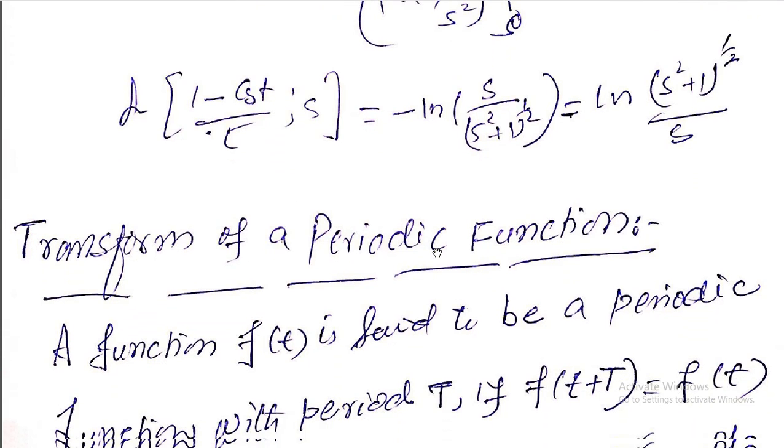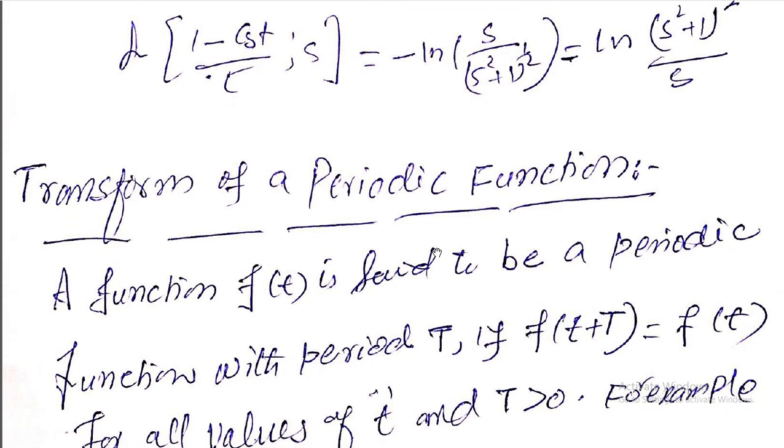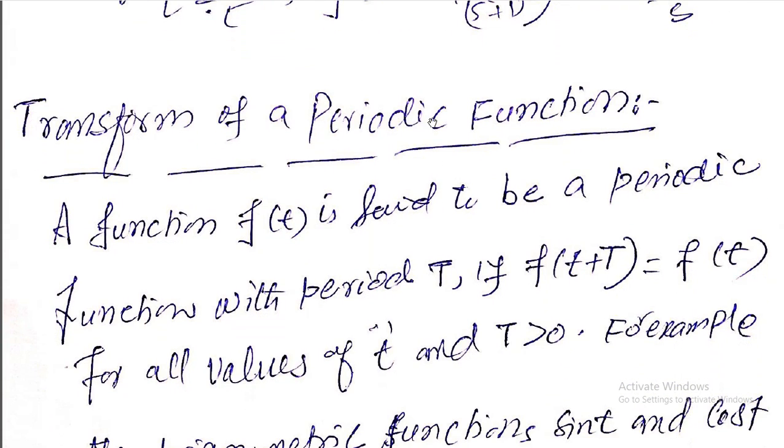Now we have to find the Laplace transform of a periodic function. First of all, we have to define what a periodic function is. A function f of t is said to be a periodic function with period T, and this T is the period, if f of t plus T equals f of t.